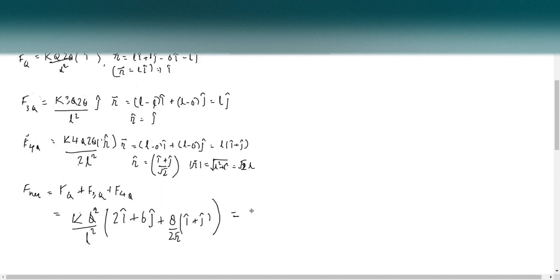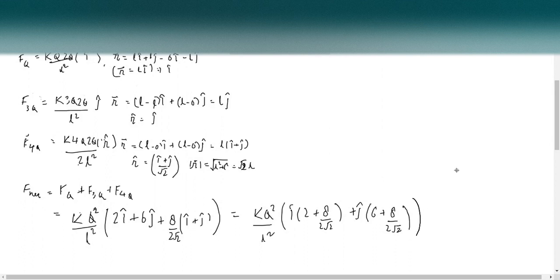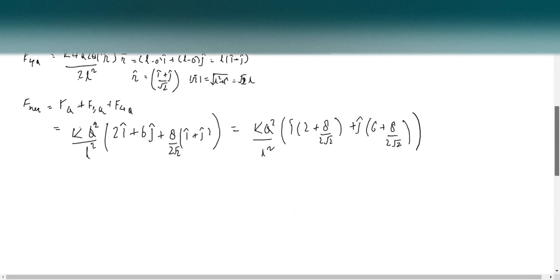So the whole expression would look like, we will combine all those x and y components. It will look like i cap (2 plus 8 by 2 root 2) plus j cap (6 plus 8 by 2 root 2). Okay, this is the net force.